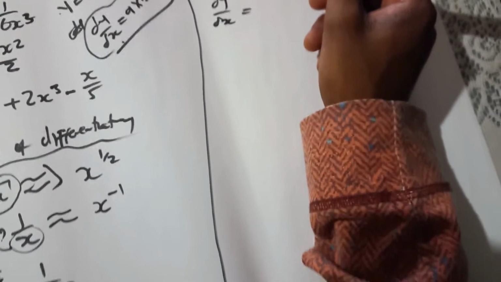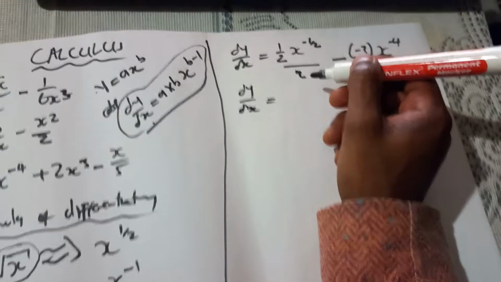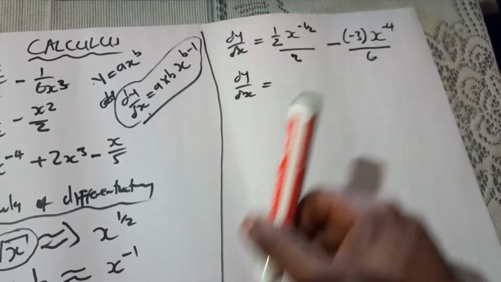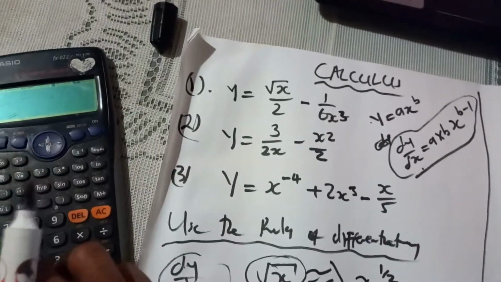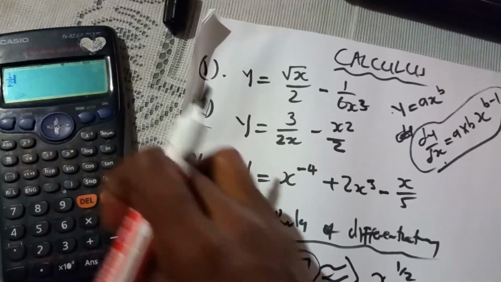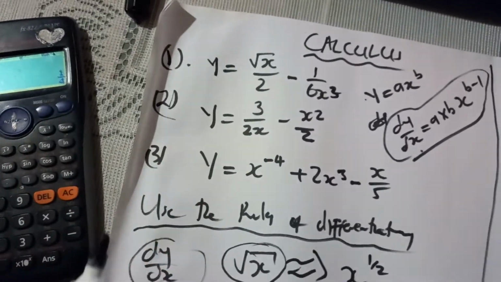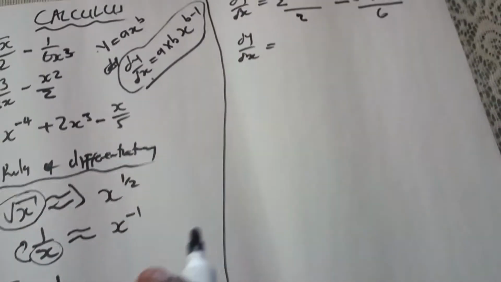So what's 1 over 2 multiplied by 1 over 2, or 1 over 2 divided by 2? That's 1 over 4.